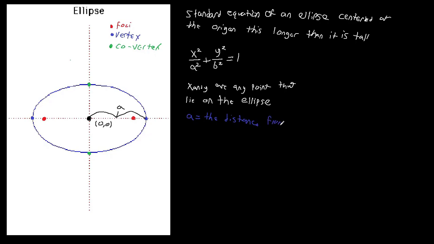Put another way, because we're on the origin, A is just the x coordinate of the vertex.